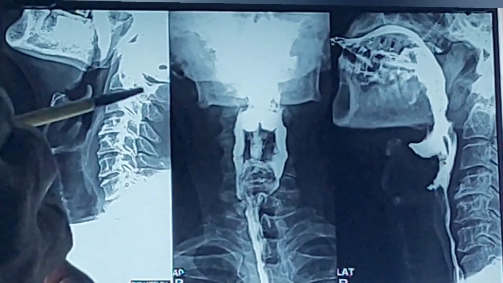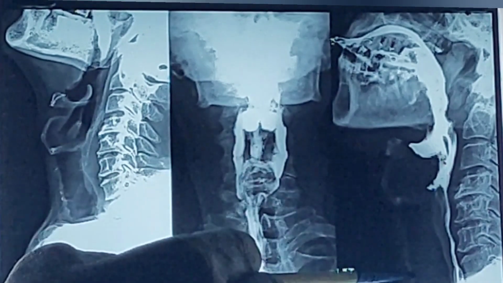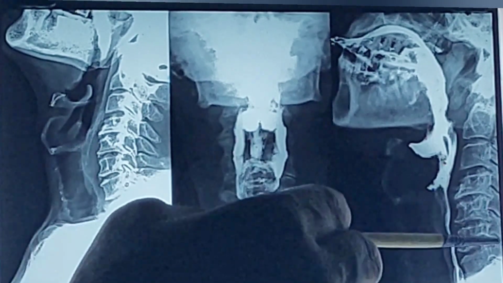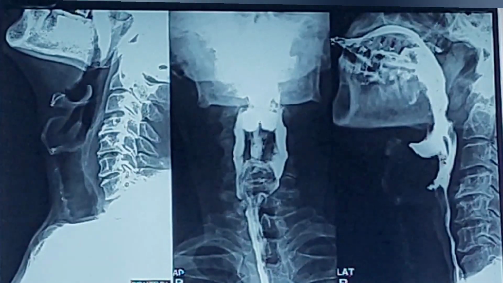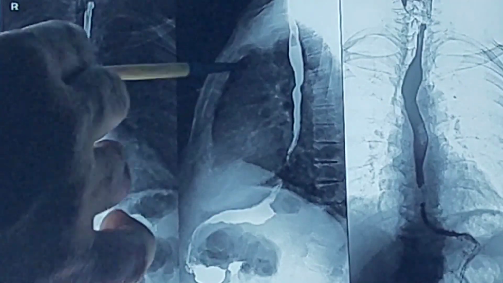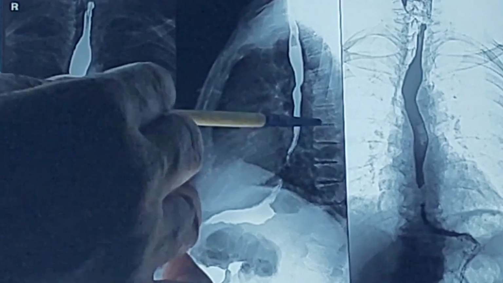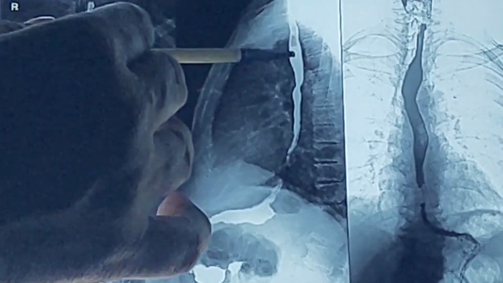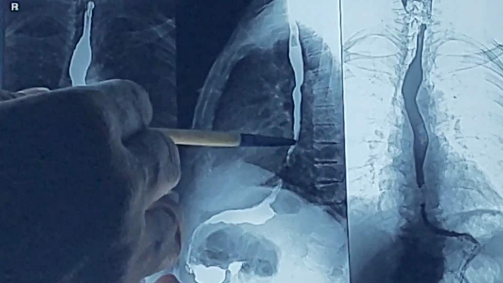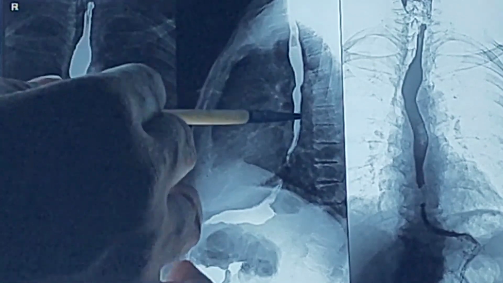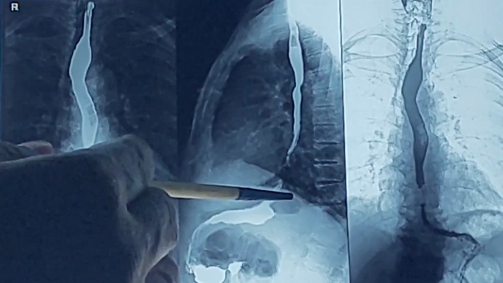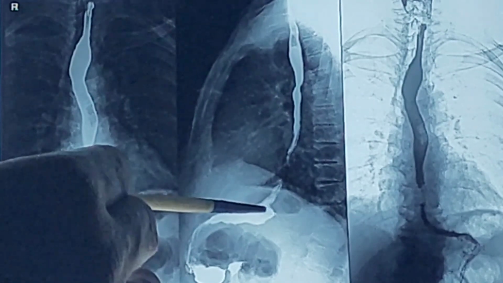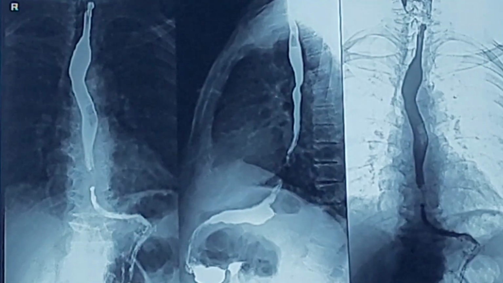In the neck region, this is the cervical vertebra, and this part is the cervical region because it is the larynx. Behind the sternum and in front of the vertebral column, we get the shadow of the barium swallow esophagus. This is coming downwards, then passing through the diaphragm and reaching the stomach in the abdomen.